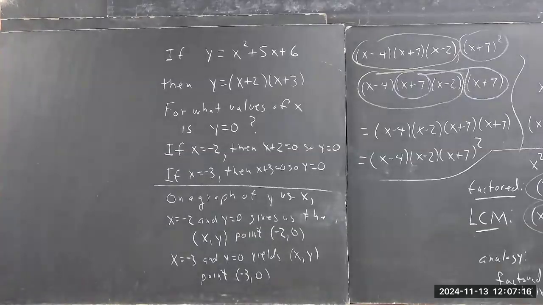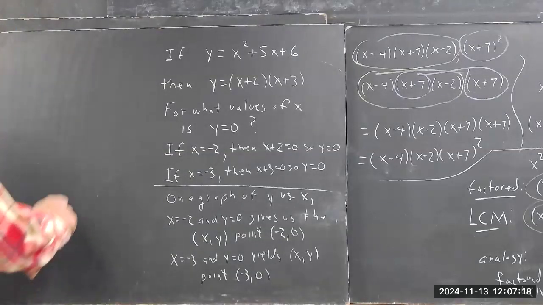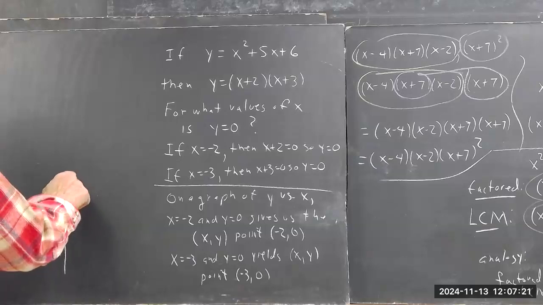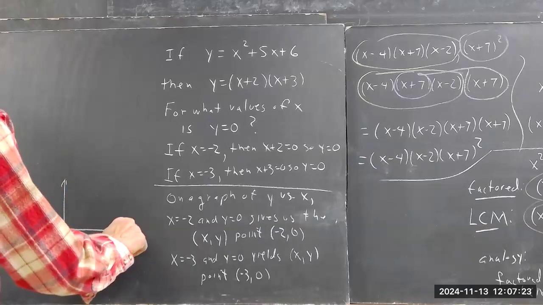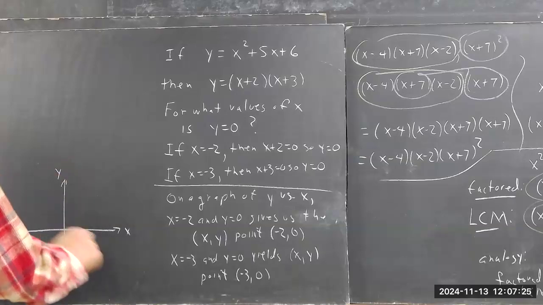So we get the XY point -3, 0. So we can do a graph of X versus Y.